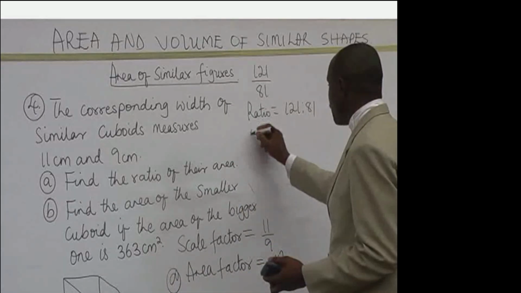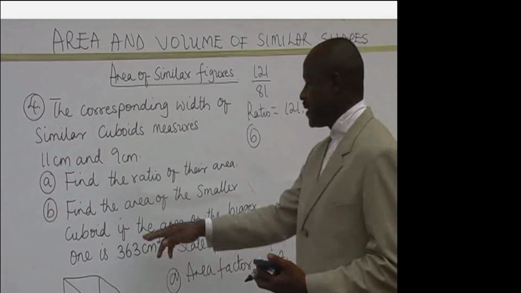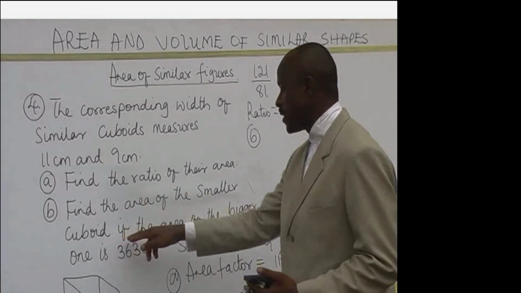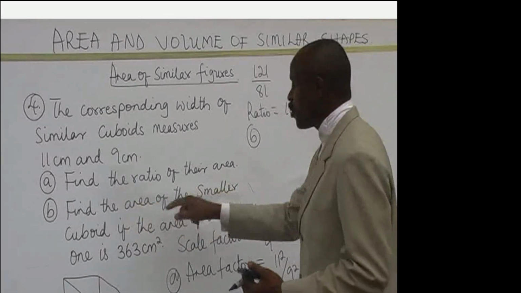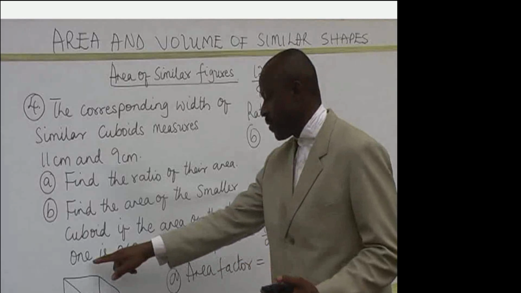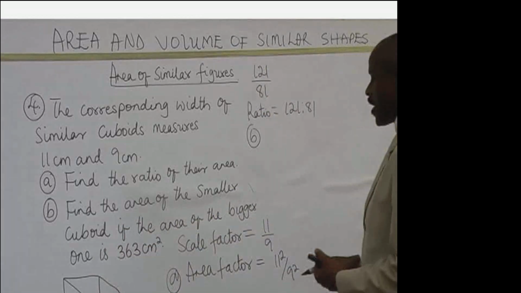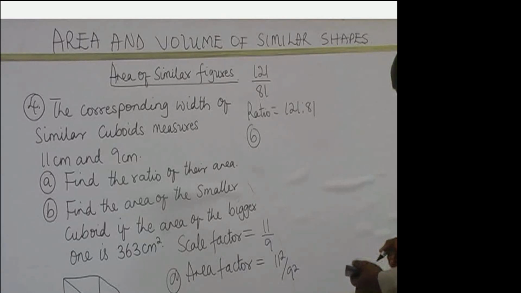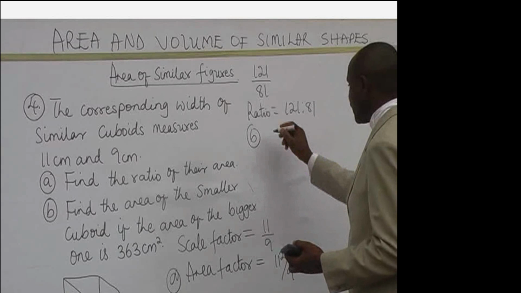Then question number B. Question number B says we should find the area of the smaller cuboid if the area of the larger or bigger cuboid is 363 centimeters squared. Let the area of that smaller cuboid be represented with a letter.